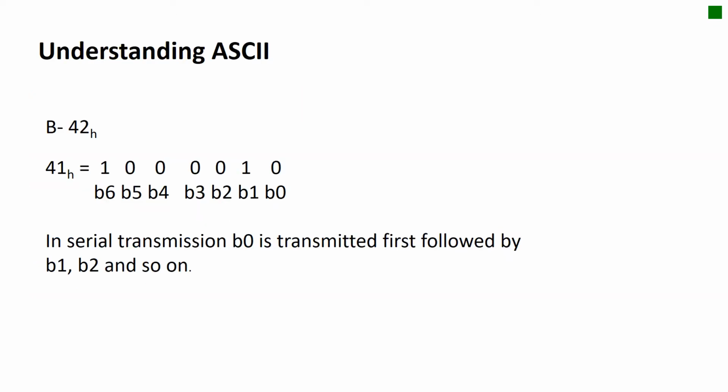Okay? So understanding ASCII, just like our example earlier, but correction, B is 42 hexa, and 42 is 1000010. Again, this is the translation for hexadecimal character 2, and this is the conversion of the hexadecimal character 4.